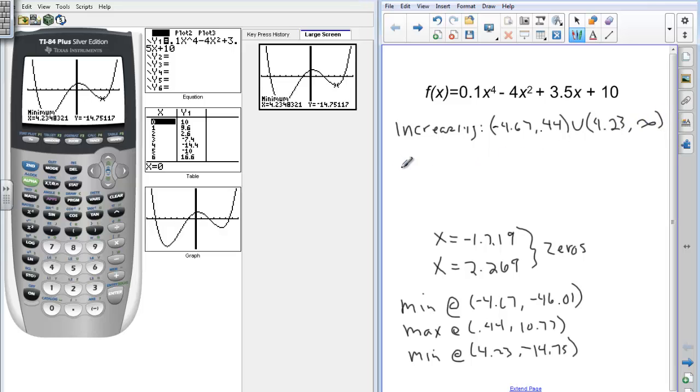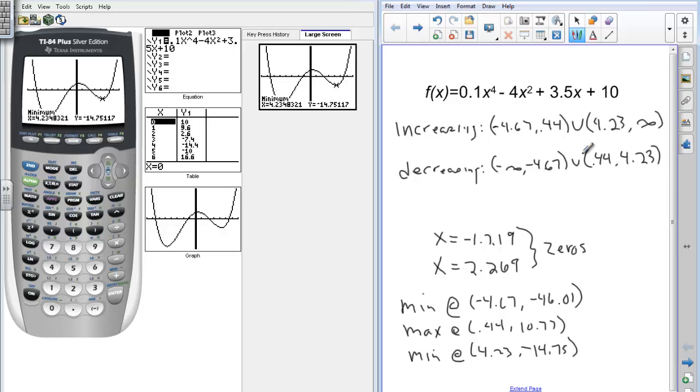That's when I'm increasing. And when I'm decreasing, from negative infinity to that point, negative 4.67, and I'm also decreasing from over on this area, which is 0.44, comma, 4.23.